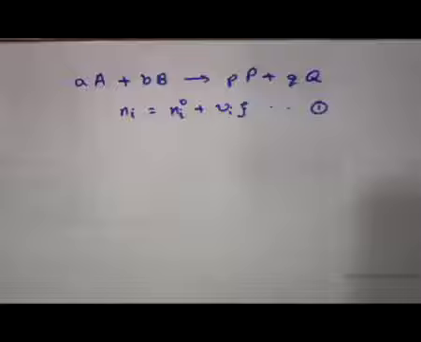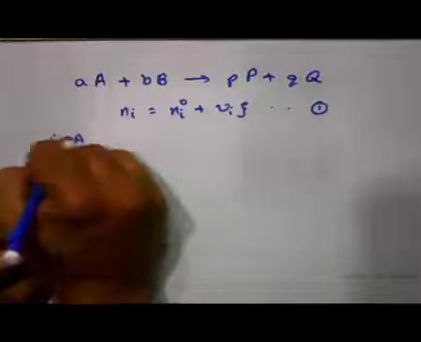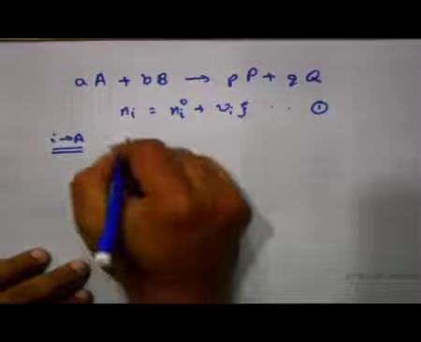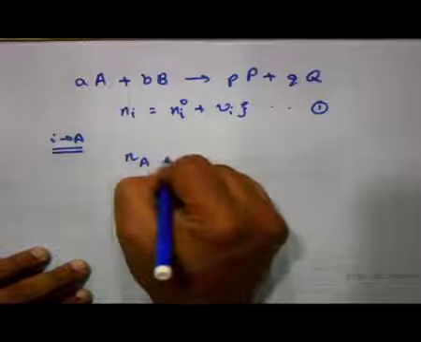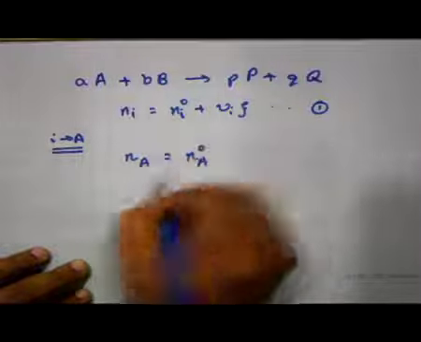Now, suppose I am doing it for I, where I is A, that means I am taking the reactant A. If I am taking the reactant A, how do we make this equation more visible to you? Because I is A, I can write N of A is equal to N of A 0 plus nu of A xi.